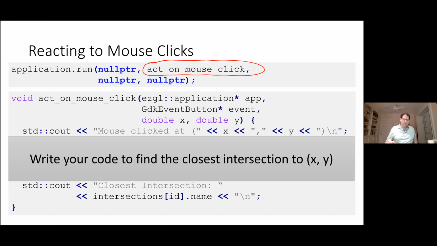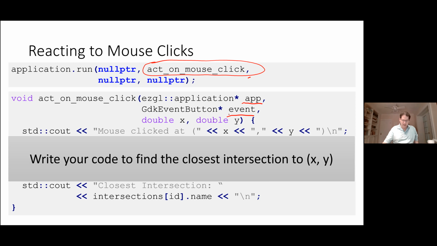And act on mouse click, we can name it anything we want. This function name could be anything, but it has to take the exact function signature I'm showing you here. Must take a pointer to the EasyGL application, and a pointer to a data structure that stores some information about the event. An event in user interfaces is something the user did, something that has happened in the real world.